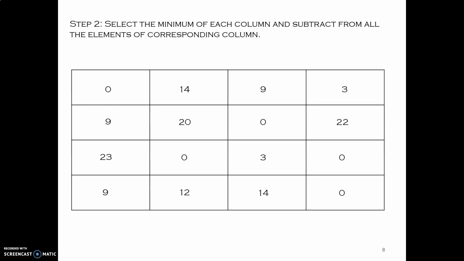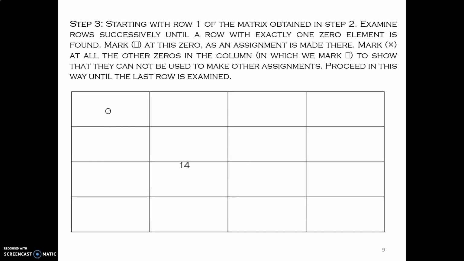For example, in our case, in the first row the zero is there in the first cell, C11, so I'll assign a square to this zero.